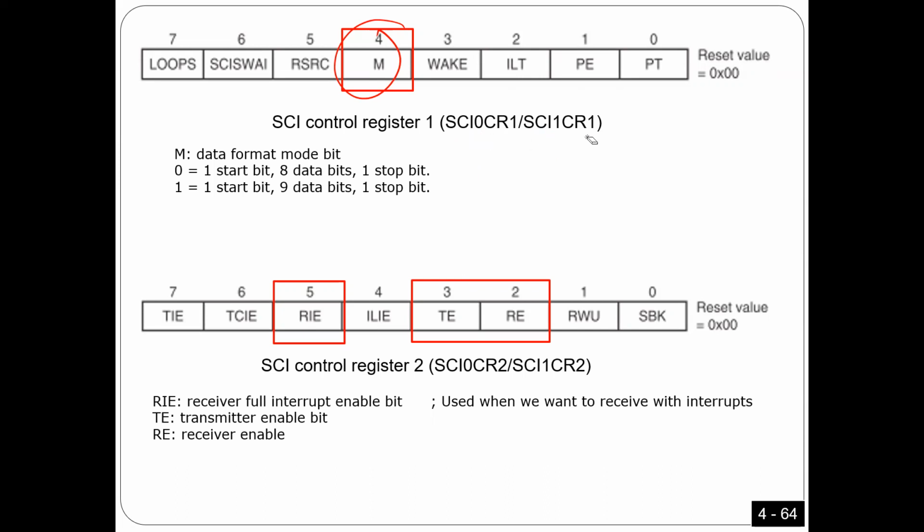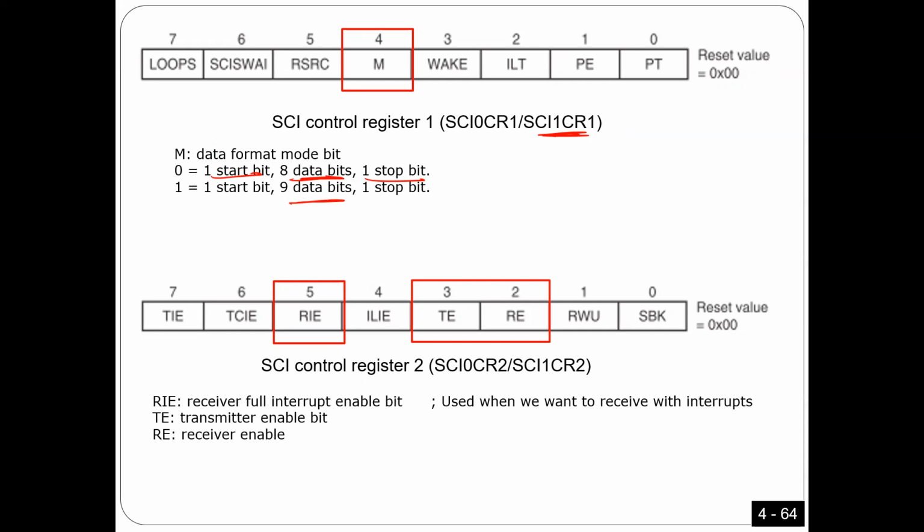So now we are going to use 1, as I told you. We have here bit number 4. This bit number 4 can tell whether you want one start bit and one stop bit, and whether you want to have 8 data bits or 9 data bits. You can select 8 data bits or 9 data bits. The only difference between them is that we add 1 more bit.